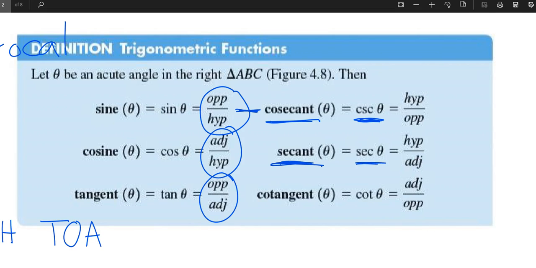Secant, abbreviated SEC, not Southeastern Conference, for you football fans. Cotangent, abbreviated COT. If you want to write that stuff down, that's fine. I have a cool way to remember it, but you do need to know what the words are and what their simple abbreviations are. CSC, SEC, COT.